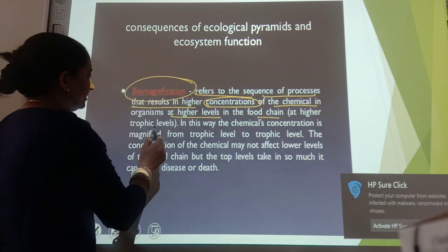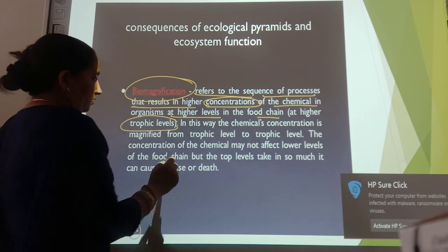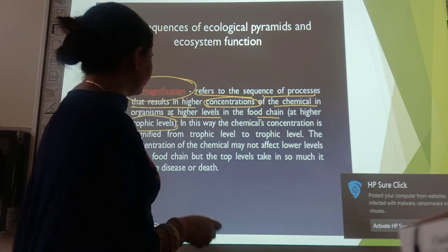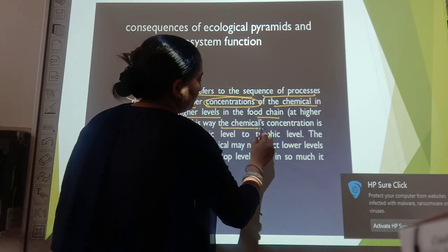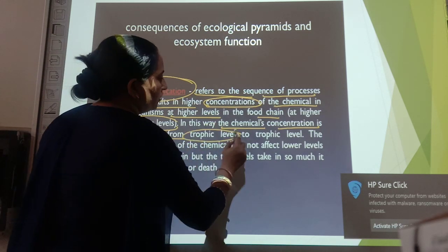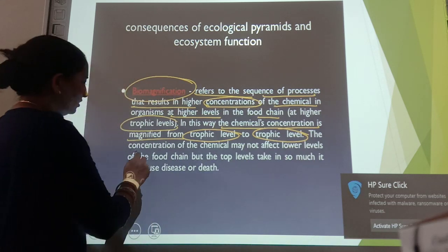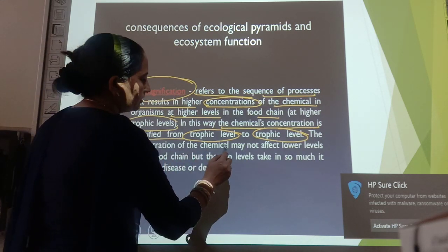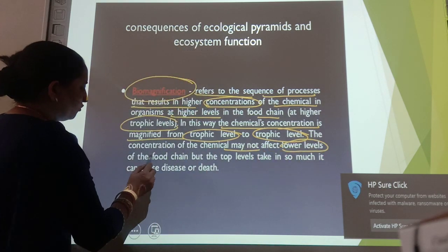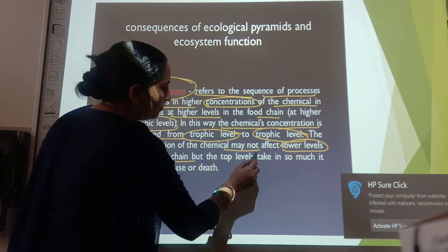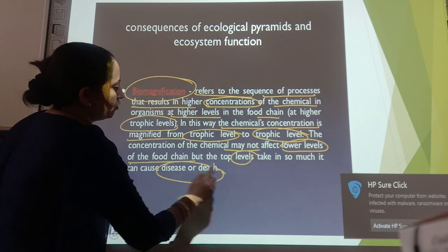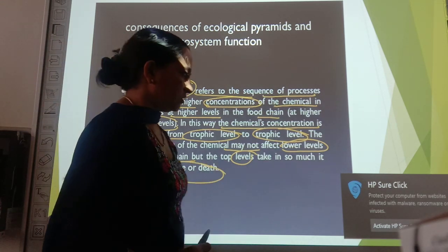So at the higher trophic levels, the chemical concentration increases, and in this way the chemical concentration is magnified from trophic level to trophic level. The concentration of the chemical may not affect the lower levels of the food chain, but the top level takes in so much that it can cause disease or death of the organism.